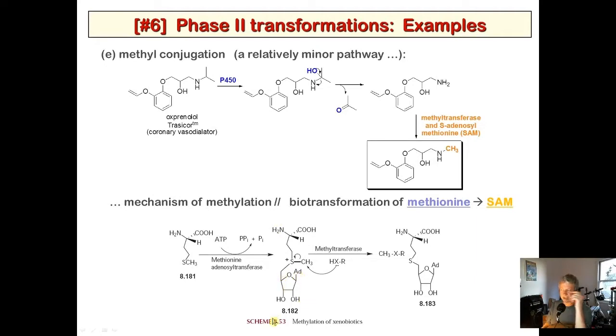And so this is S-adenosylmethionine, the methylation cofactor. And now whatever you're methylating, with its lone pair and a methyltransferase enzyme, attacks and kicks off sulfur, and then you're left with, I'm not sure what that would be called. It's no longer S-adenosylmethionine, but some other molecule, and then your methylated product. Okay.